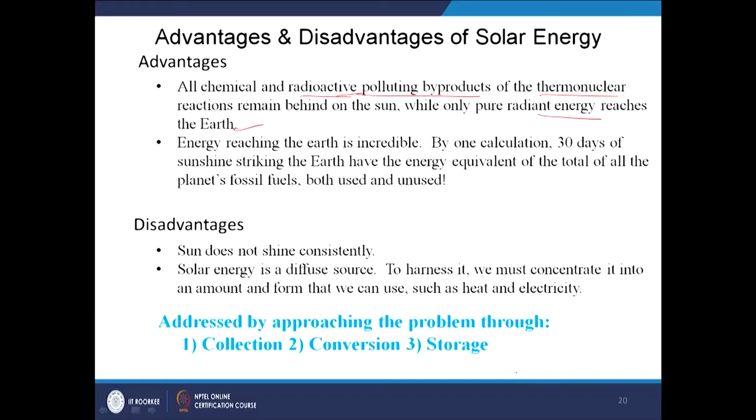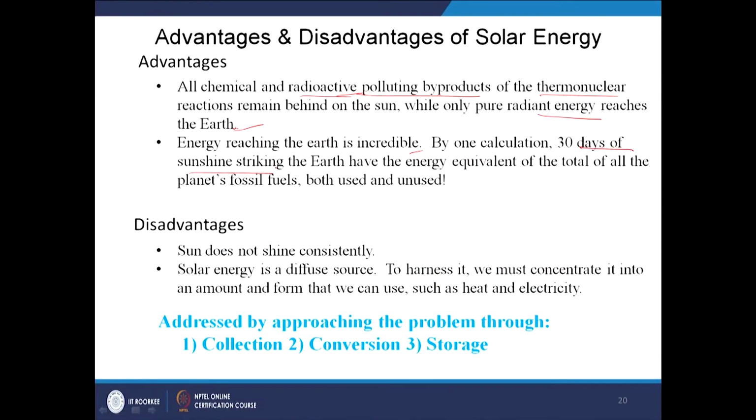That is one major advantage of solar energy, that it is pollution free, and the energy reaching the earth is incredible, a huge amount. A calculation says that 30 days of sunshine striking the earth have the energy equivalent of all the planet's fossil fuels, both used and unused. So these are the advantages of this process.